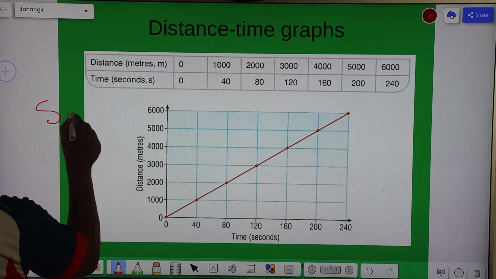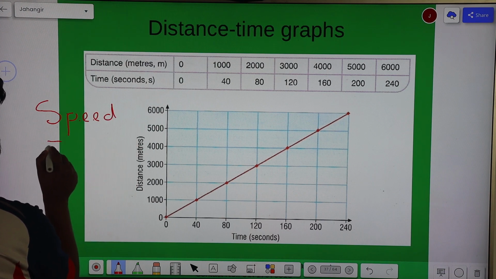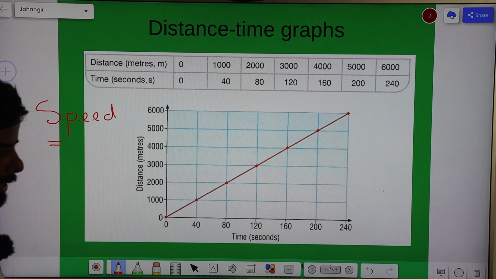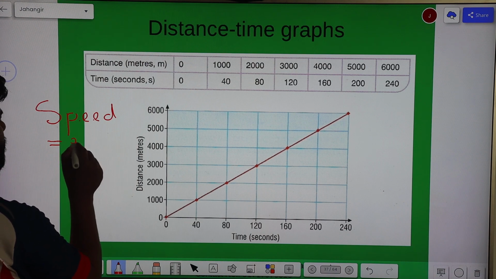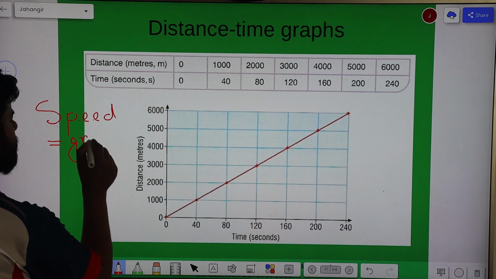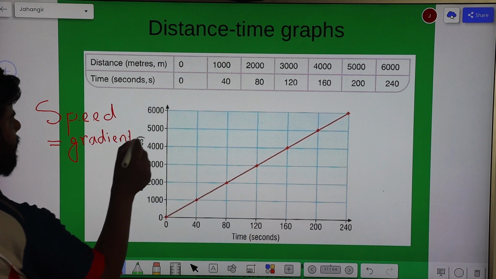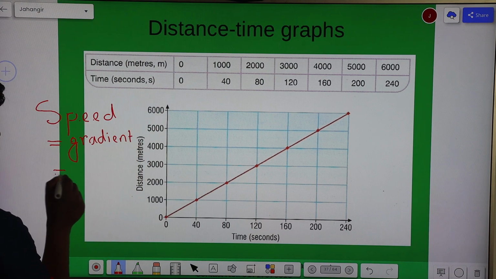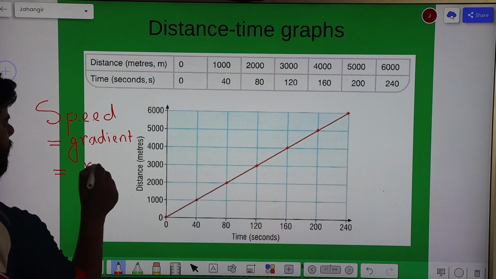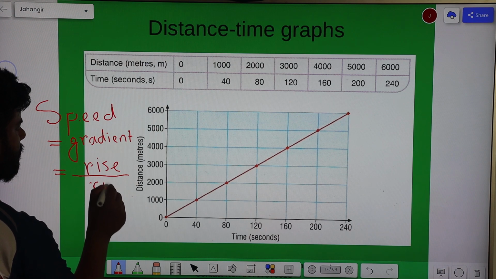Remember, speed equals the gradient of the distance time graph. How can we calculate gradient? Rise divided by run.